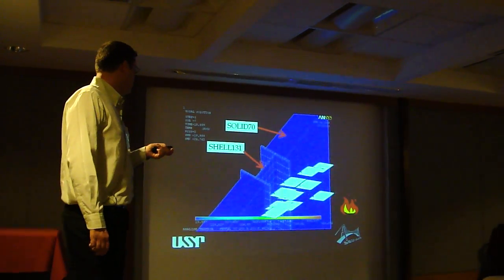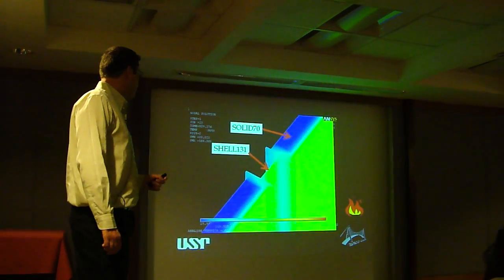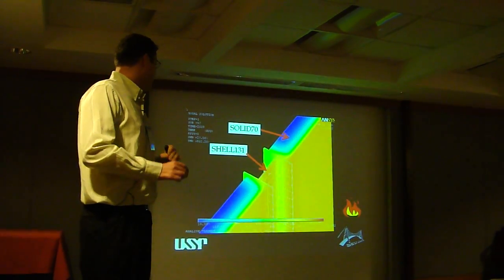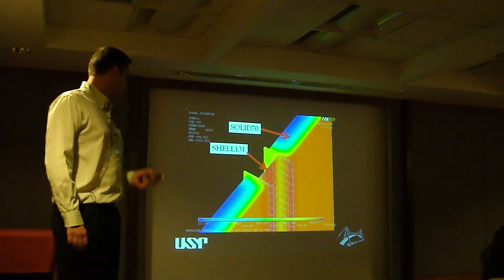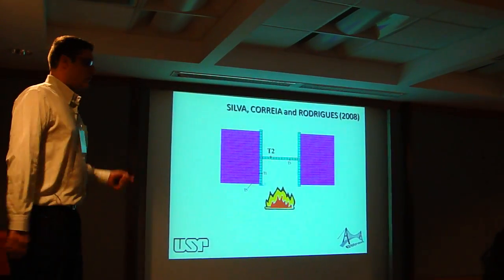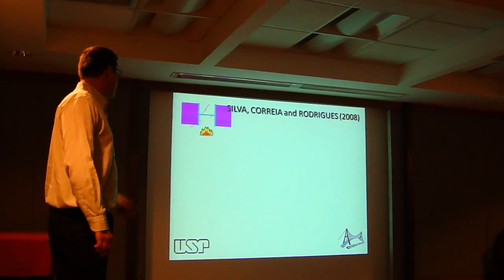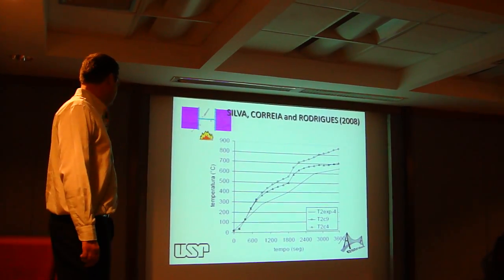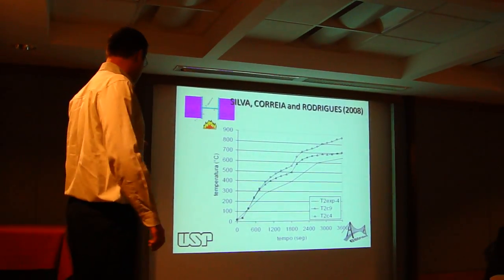Applying the thermal effect on this side, you can see the thermal field on the cross section is satisfactory and has interaction between the 2 different elements. To validate the thermal model, results from other researchers were used, in this case Silva, Correa and Rodrigues, 2008. For that node point an experimental test was performed.